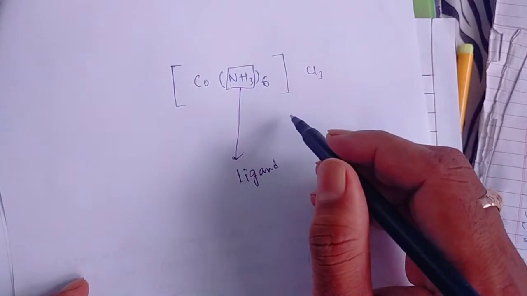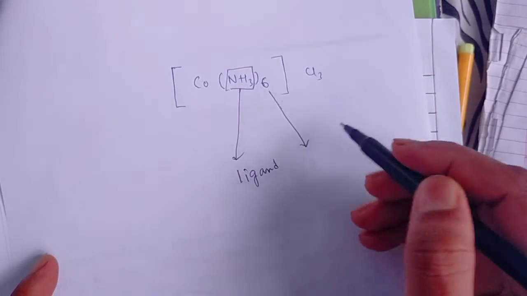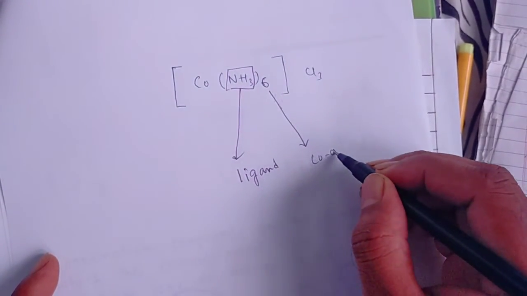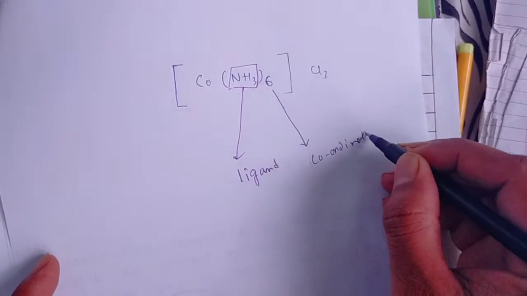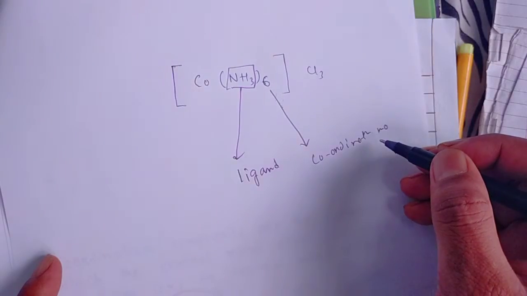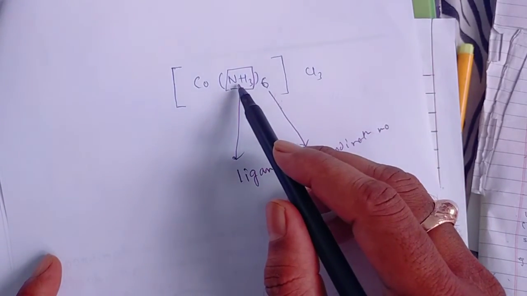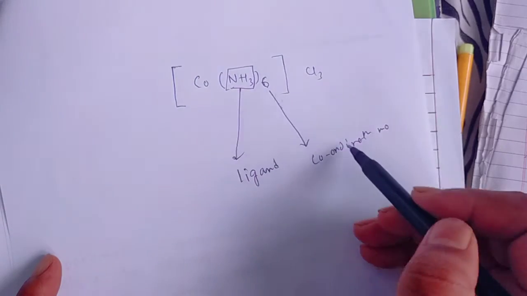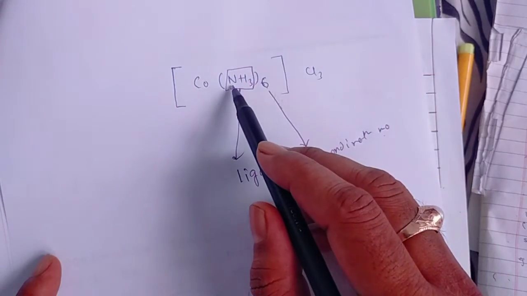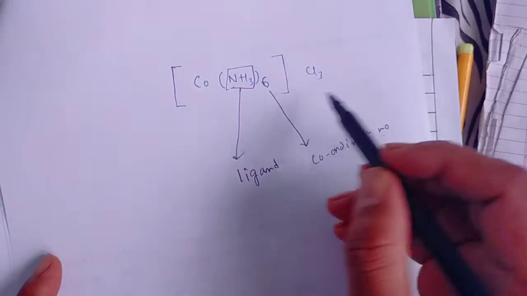This 6 is the coordination number. It depends on this 6, and actually on this ligand also. If it forms one bond, then the coordination number is 6. But sometimes this ligand can form two bonds, then 6 may become 12.